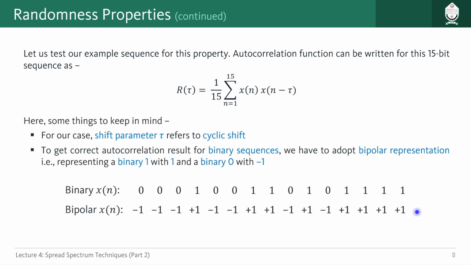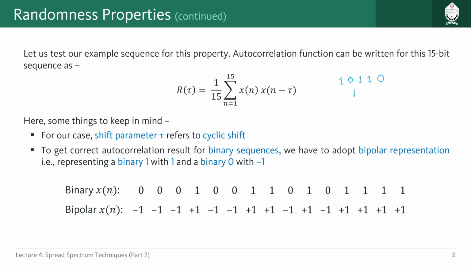Now some things have to be kept in mind for our case, like the shift parameter tau here refers to cyclic shift. For example, let's say we have a sequence of 5 bits like this, 1 0 1 1 0, then cyclic shift by 1 bit means we're going to do something like this.